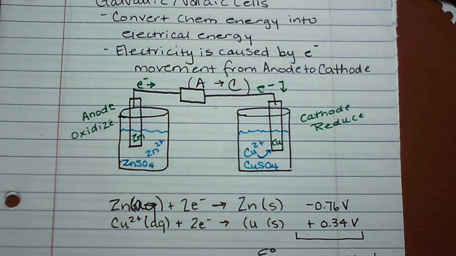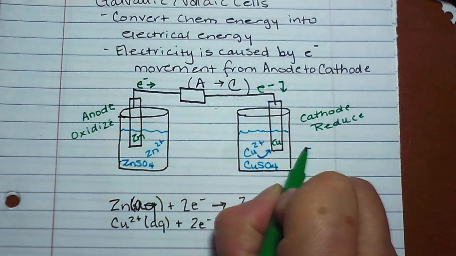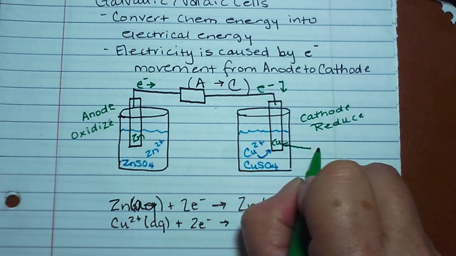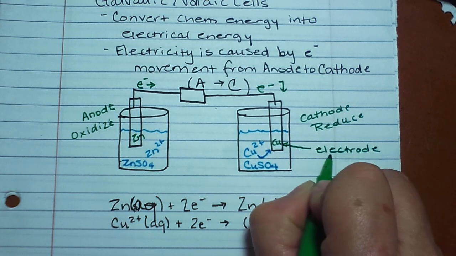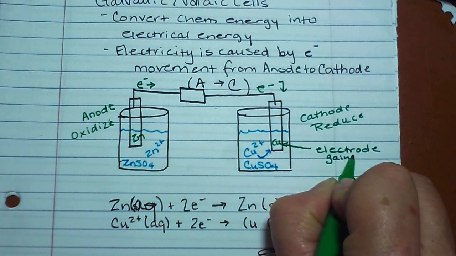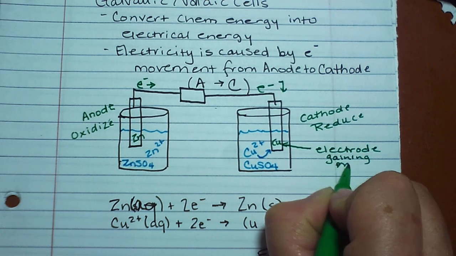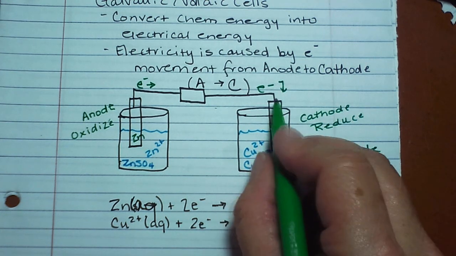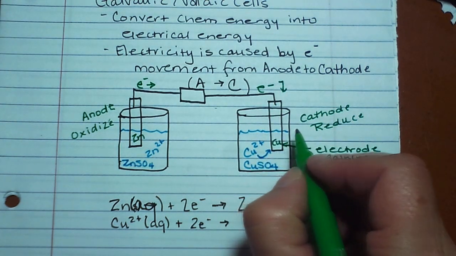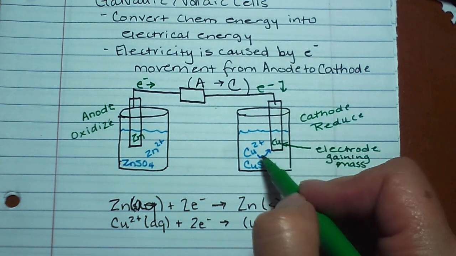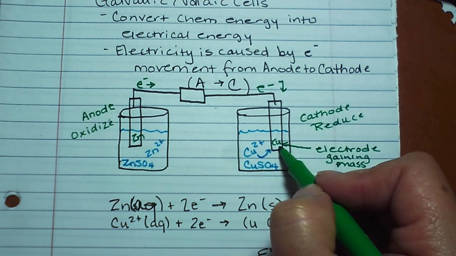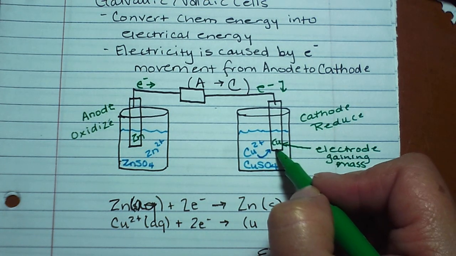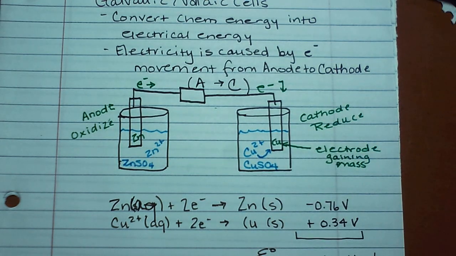So that means this electrode here is gaining mass. Why is it gaining mass? Because the electrons are coming through here, and the copper is being attracted to these electrons, and it is being electroplated onto this electrode.